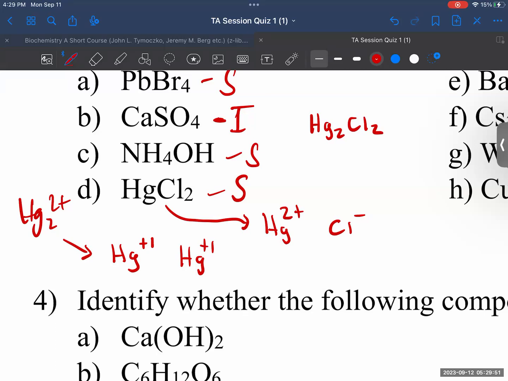So when you're looking at mercury, it has to be the mercury with the +1 charge, which is seen as Hg2 2+, okay? So that's why D is actually soluble, because it's not the exception. It's mercury with the +2 charge, not the +1 charge. Does that make sense? Okay.